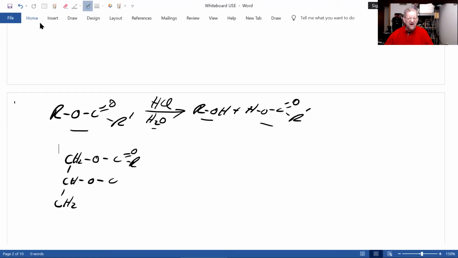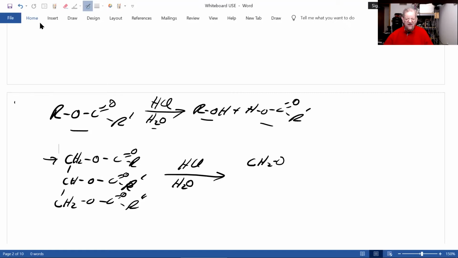So if you take any fat or oil reacted with acid, HCl, because that's what's in your stomach, and water, the first ester, what do you get? This alcohol plus this carboxylic acid. The second ester, what do you get? This alcohol.